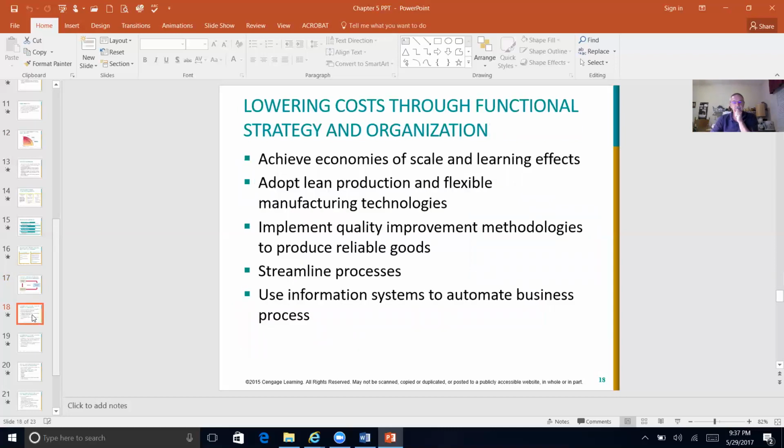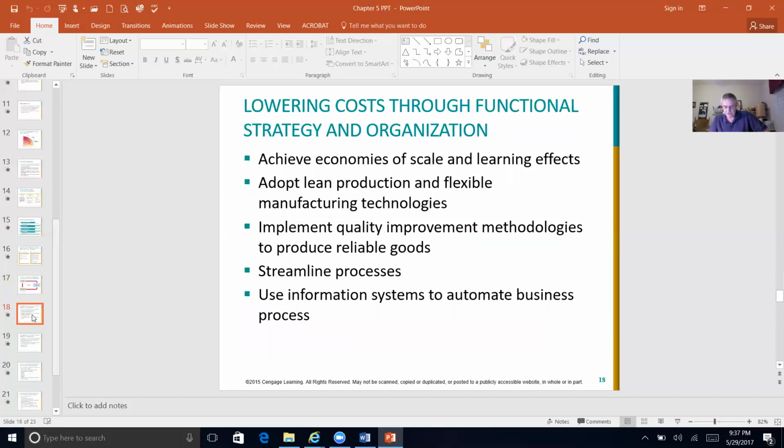Okay, lowering costs through functional strategy: economies of scale, adopting lean production, finding those activities that are not conducive, those non-value activities.